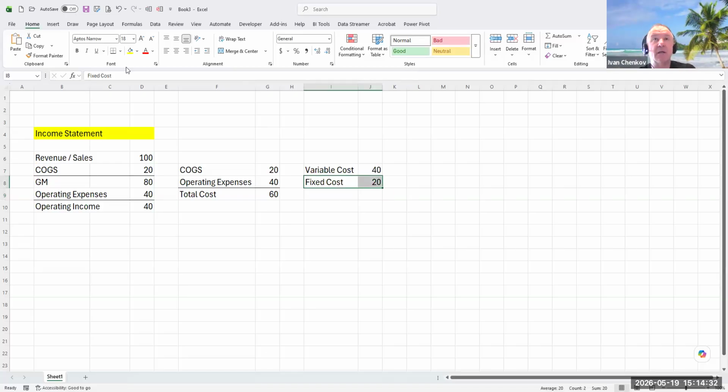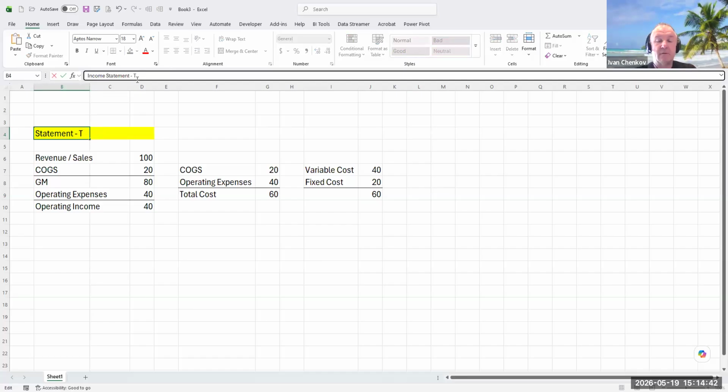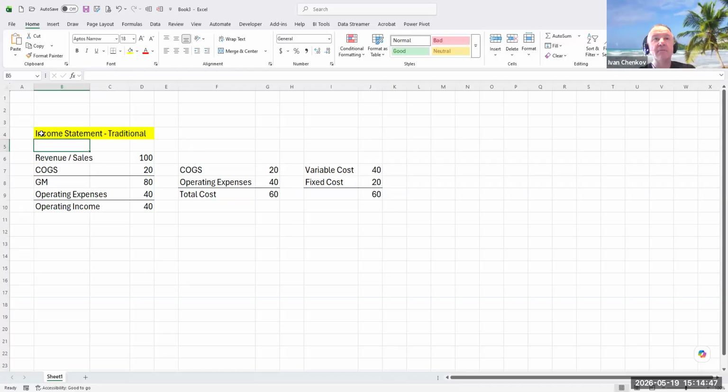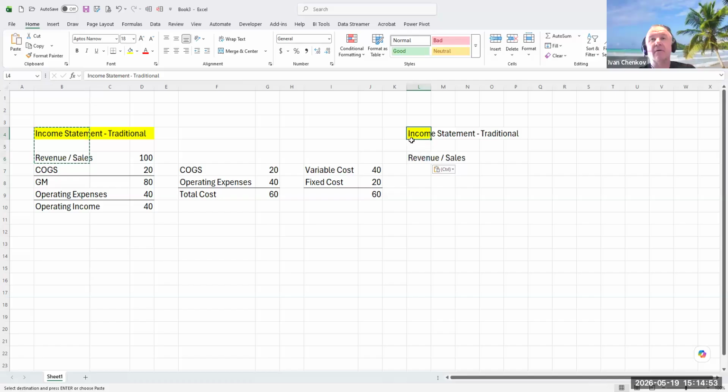Now, I cannot change the total cost. The total cost is always going to be the same. But now we're going to have a new income statement. This is traditional. Then we have a new income statement, which is going to be the contribution margin income statement.